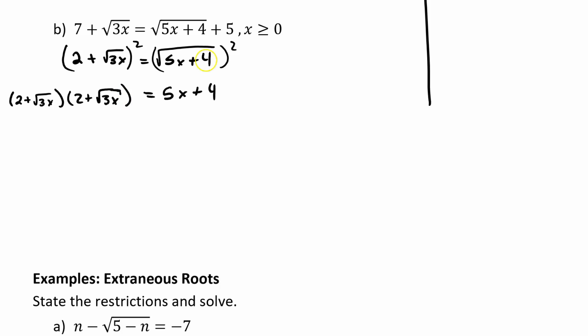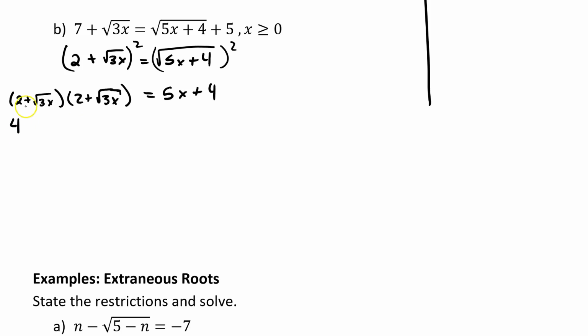The reason why we can't just simply square it in the same way as we can with the right-hand side is because it's a number not underneath the radical added to a radical. I could also say the square root of 4, which is the same thing as 2, but they're not underneath the same radical, and so we need to treat them as a binomial that we need to expand.